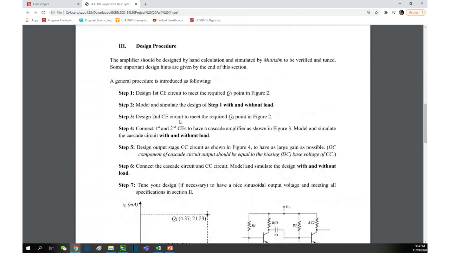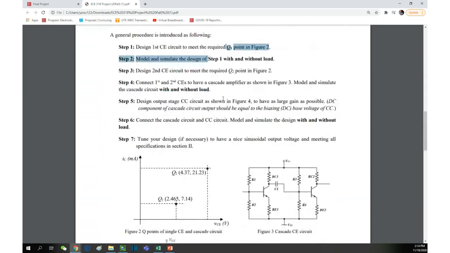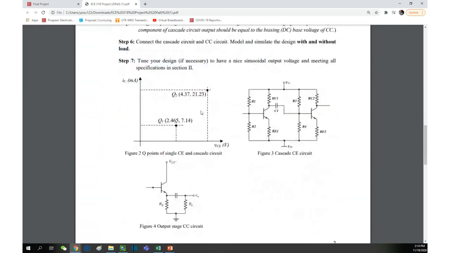And I provide a rough design procedure for you to follow. Basically, you're trying to implement two Q points for two common emitter circuits. But be very careful, okay? This is figure 3, cascade CE circuit.